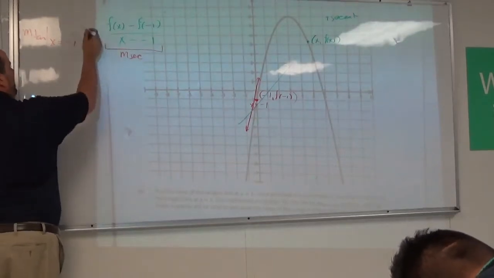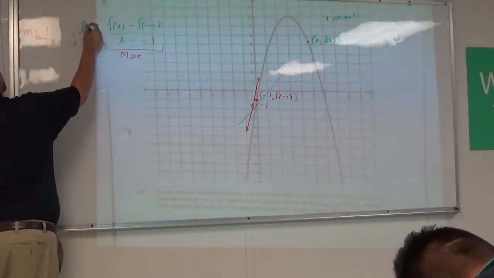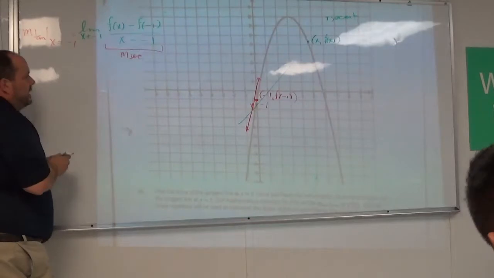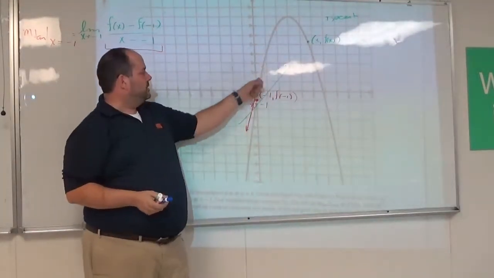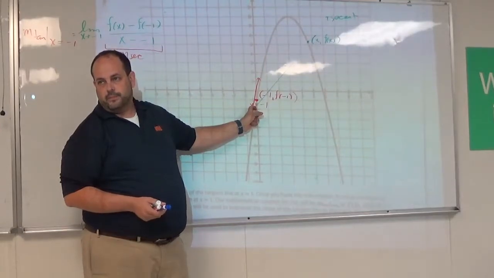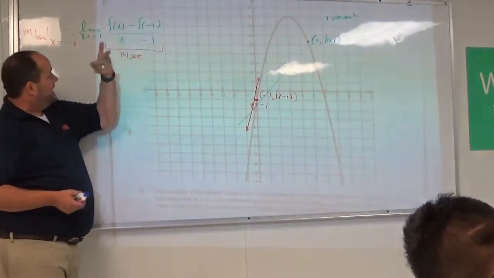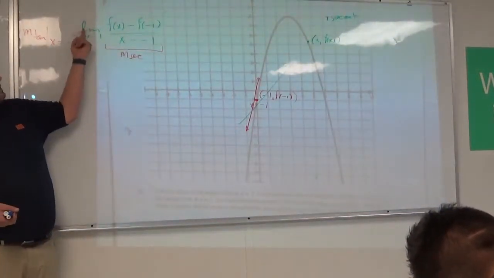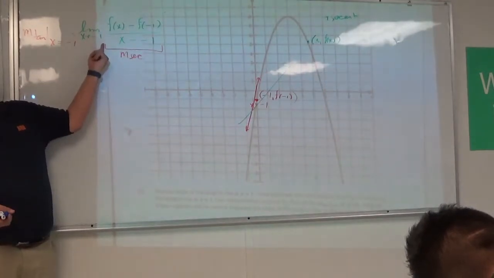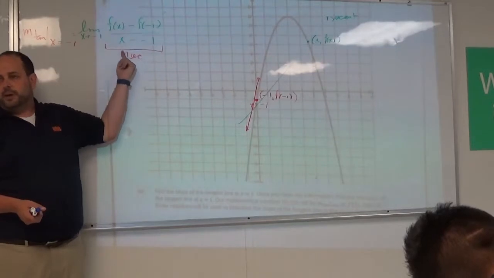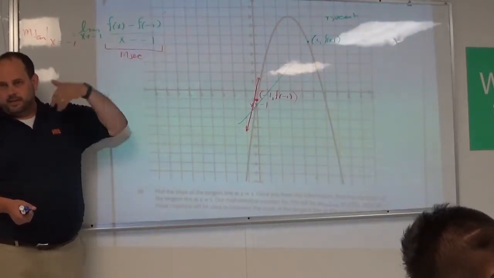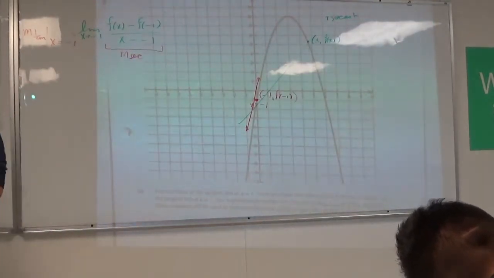So that's why I also have to take the limit as this x value gets closer to -1. So your setup, for the guys in the back: limit as x approaches -1, because that's your point of tangency, f of x minus f of -1 over x minus -1. And then you finish from there.